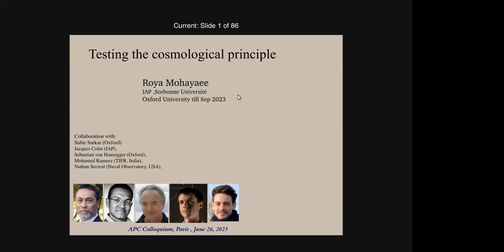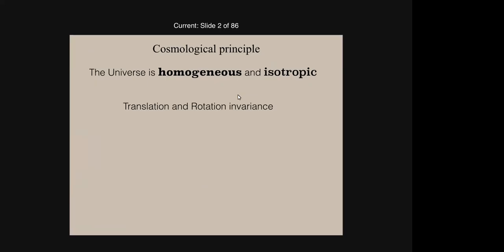So what is the cosmological principle? As you know, it's the hypothesis that the universe is homogeneous and isotropic. Basically, in physics language, what it means is that no matter which direction you look, the universe looks the same. No matter where you are, it looks the same. But what does it mean quantitatively?